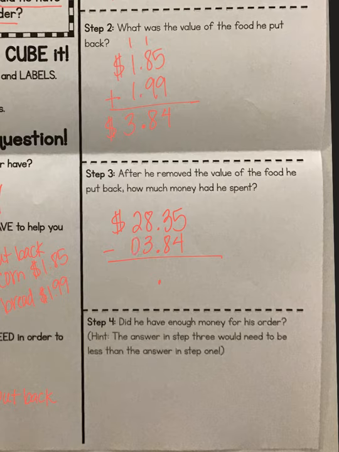5 minus 4 is 1. Can I do 3 minus 8? Nope, got to go borrow. Borrow from the 8. The 8 becomes a 7. The 3 becomes a 13. I'm adding 10 to that 3. 13 minus 8 is what? 5. Good. 7 minus 3 is 4. 2 minus 0 is 2. So now he is only going to be spending $24.51.